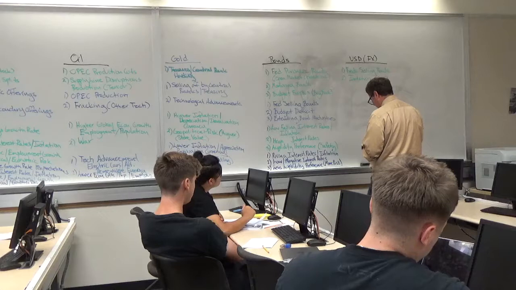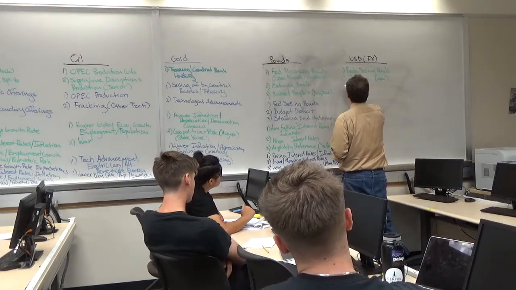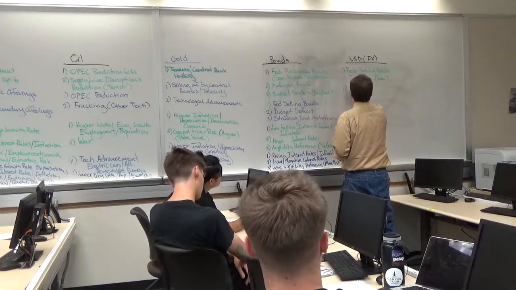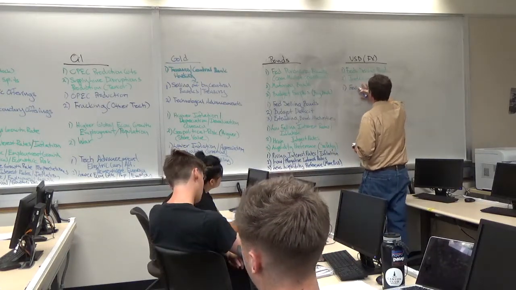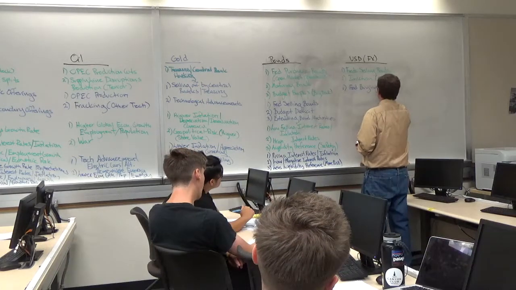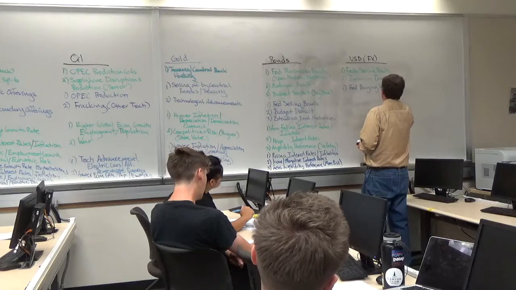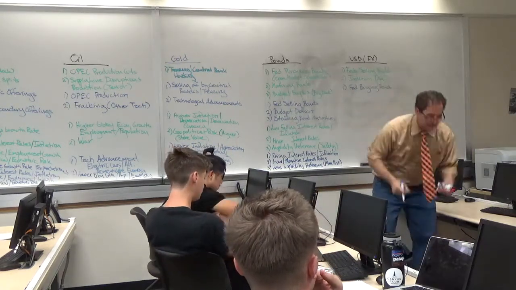Okay. What would cause the supply curve for dollars to shift out? Fed buying bonds. Right, so when the Fed buys the bonds, it's injecting cash into the economy.